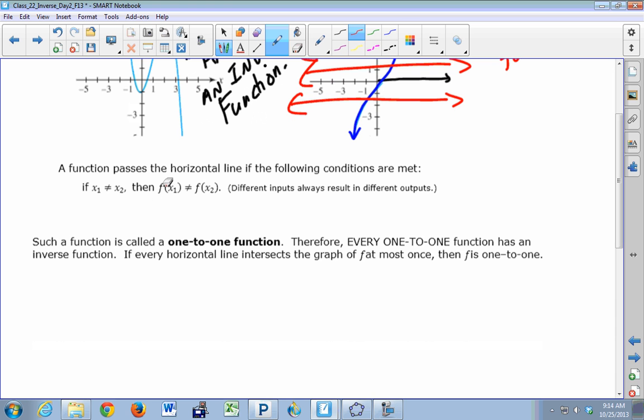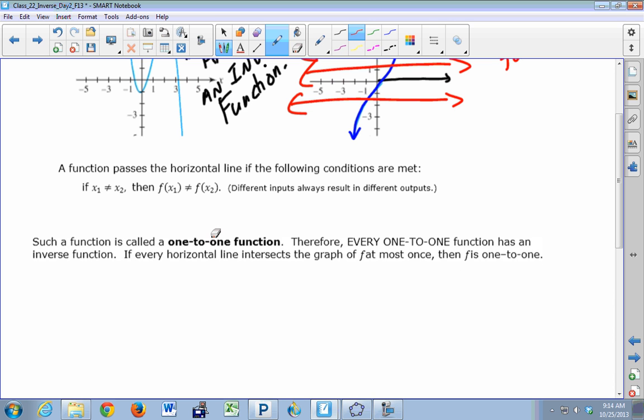Any type of function that satisfies this criteria is called a one-to-one function. Every one-to-one function has an inverse function. That is going to be a truism for the rest of the class. So every graph that's one-to-one has an inverse.